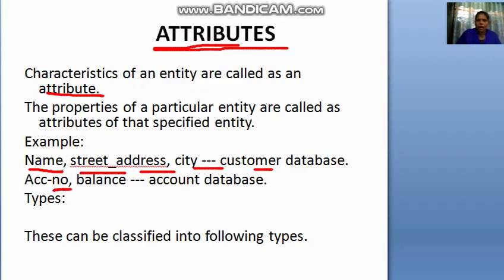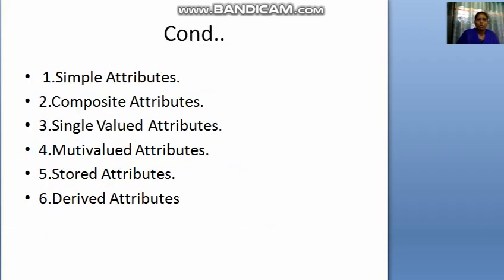Account number and balance are the features of any account in a database. On the basis of different things, we can classify the attributes.